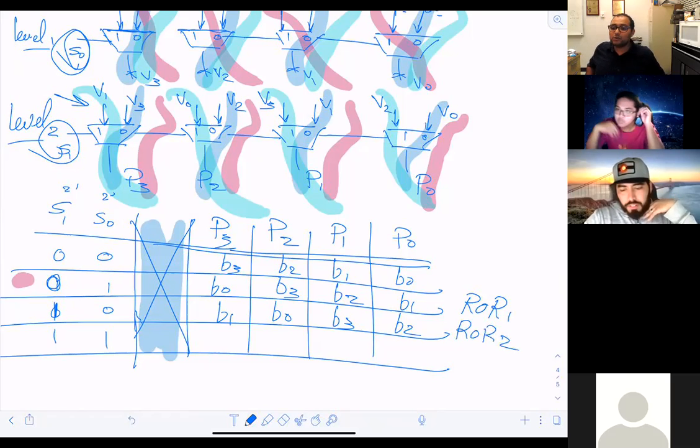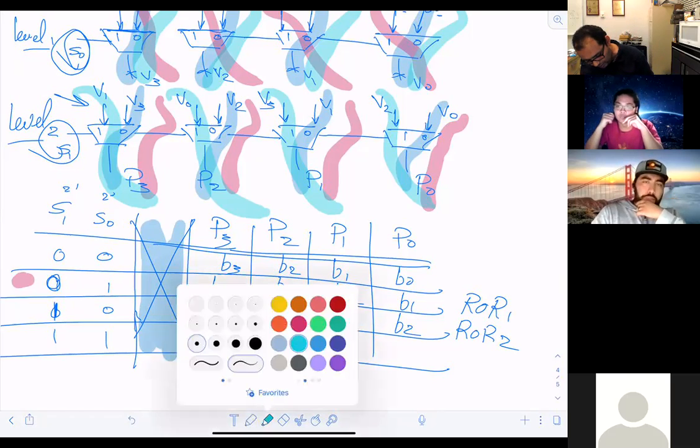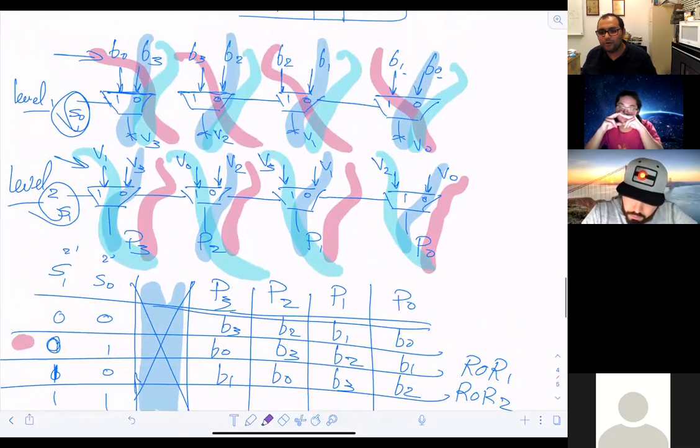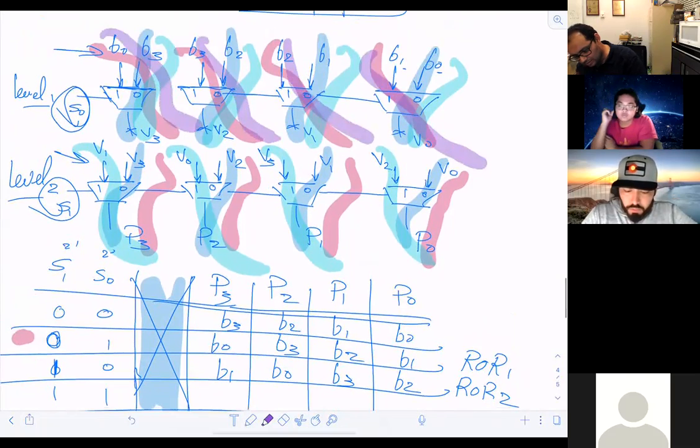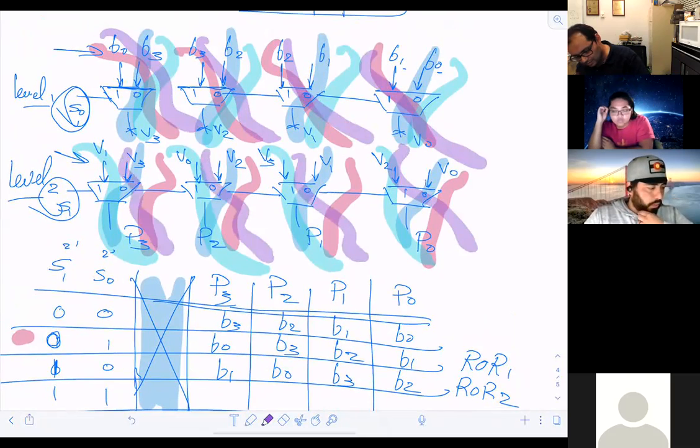Let's do the last one, which is going to be both of them 1. So let's have it with a fantastic color.